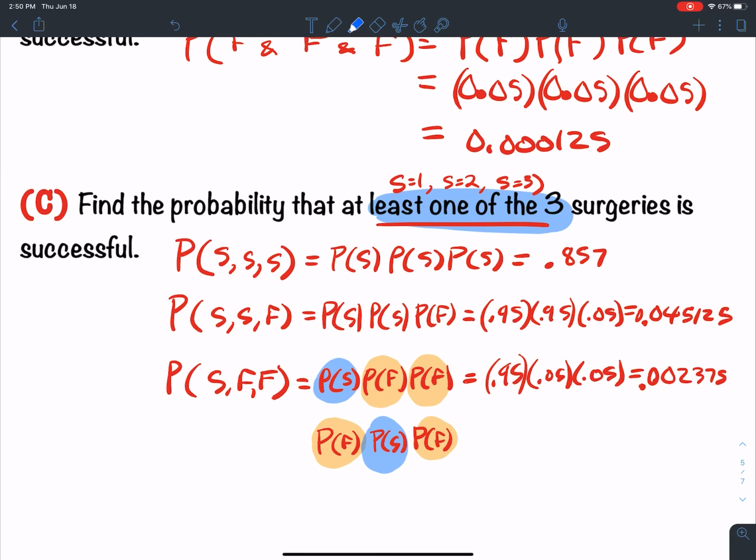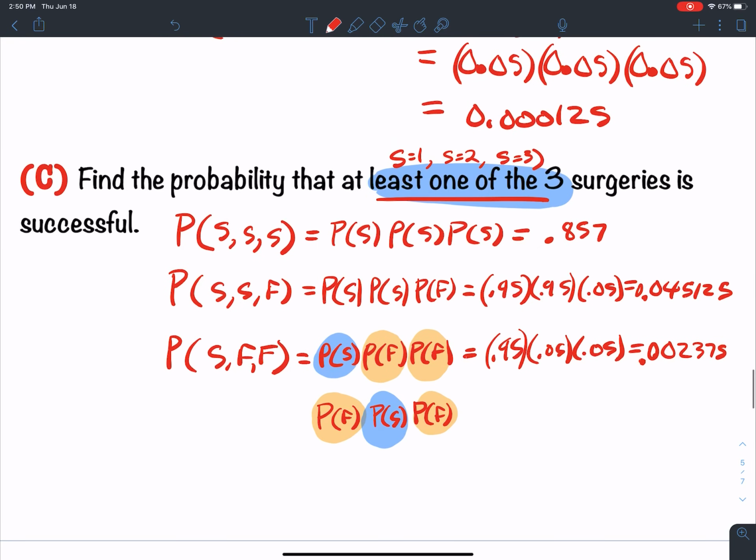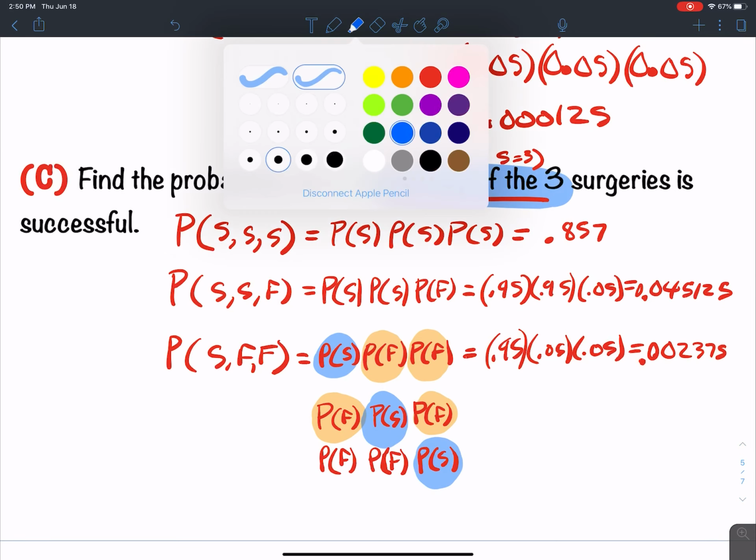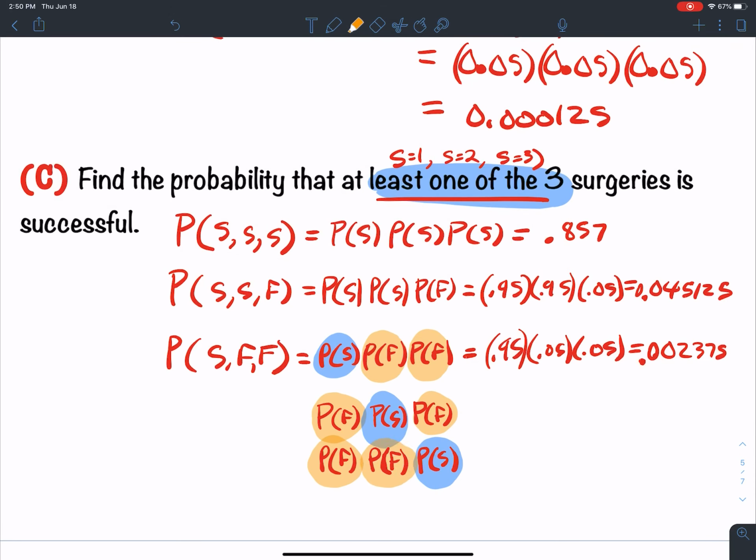So we could also have a scenario where we had 2 failures first, and then we have a success. And all of these would represent the one success scenario. So we have this 0.002375 3 times.